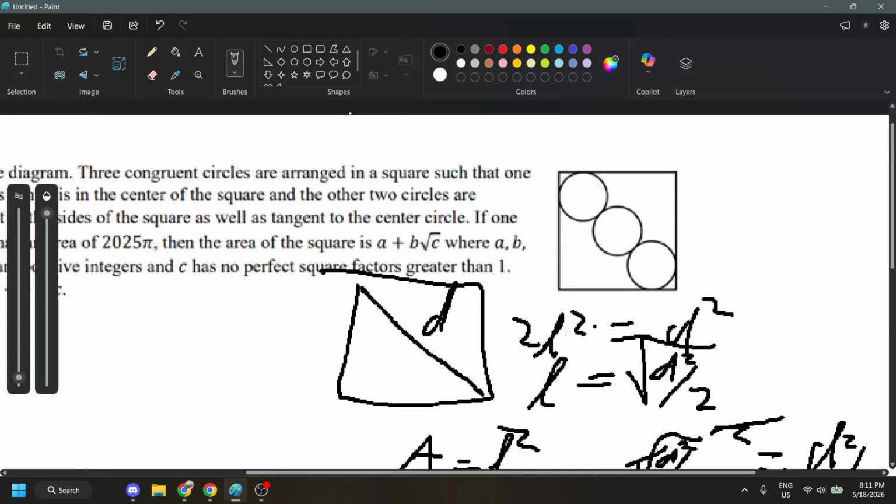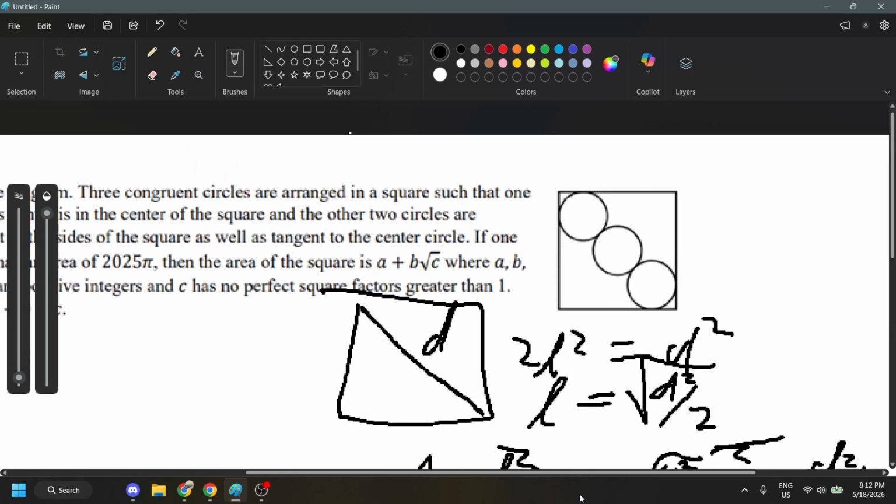So if we can find d here, we can find area.